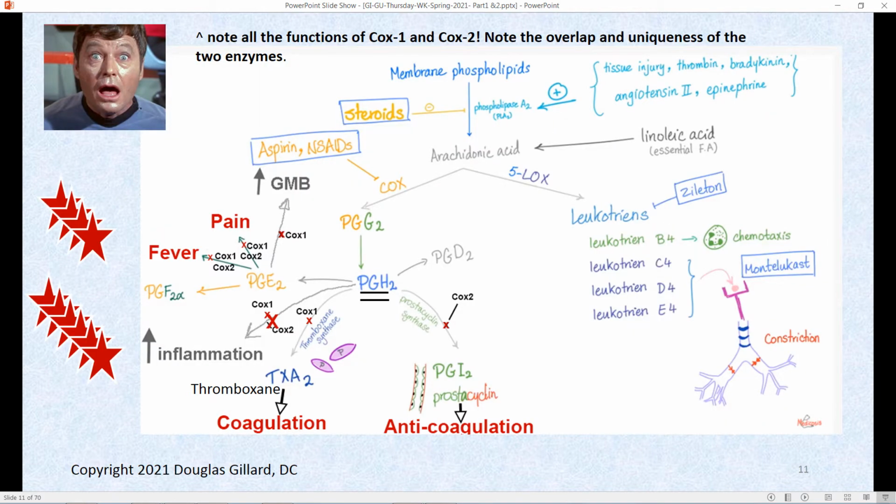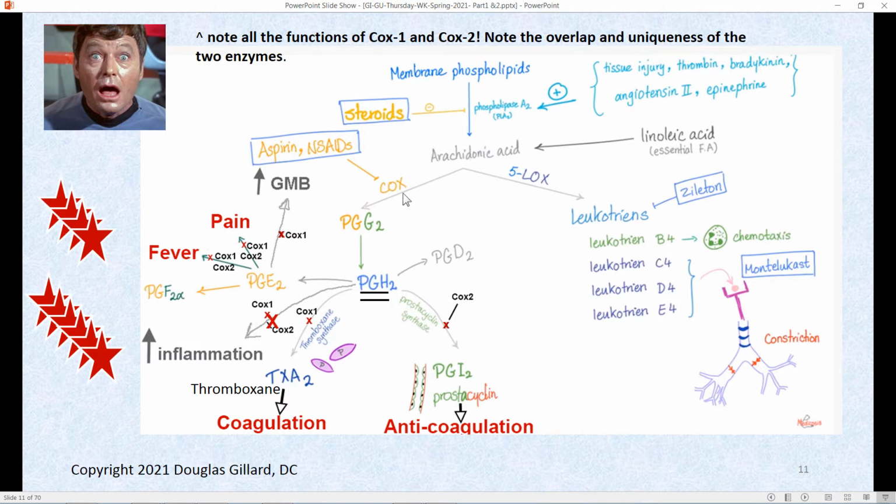Remember the inflammatory cascade. We need to know a little bit about this, and I'm sure you know this already. Damaged tissue injury releases phospholipase A2, which is very important. That will break down the membrane phospholipids of the endothelial cells that service the damaged tissue, and release arachidonic acid.